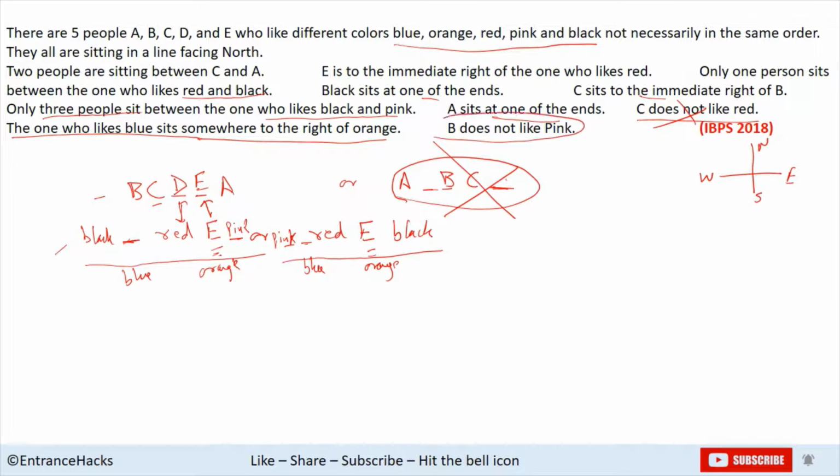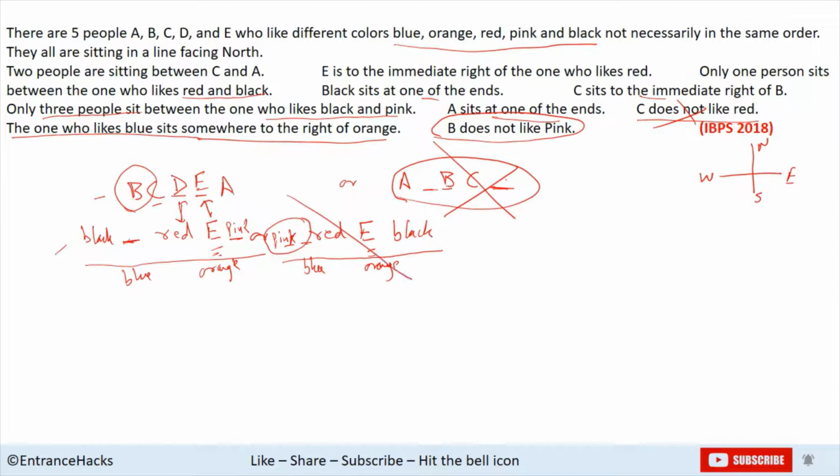Now, B does not like pink. This is the definitive statement for us. B does not like pink, so that means B at the first position and pink at the first position is not possible.